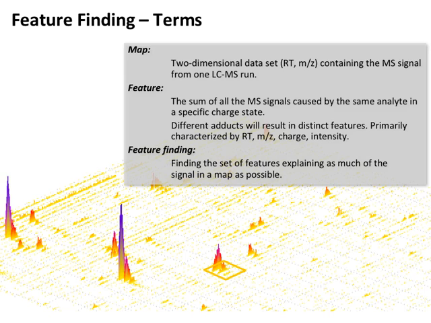Because metabolites usually form ion adducts. And those can give rise to different features as well, even though they come from the same metabolite originally. And feature finding is then again the task of identifying which of these peaks correspond to one particular feature.